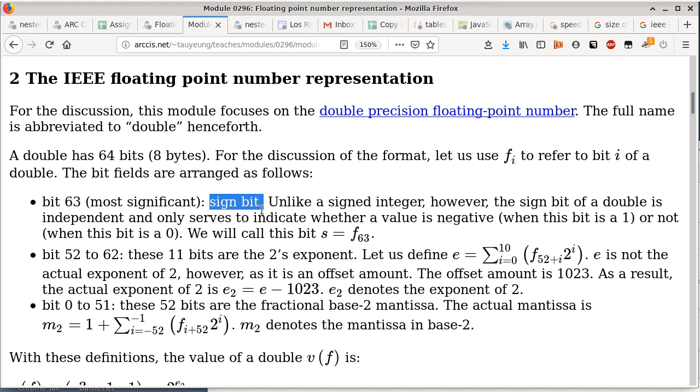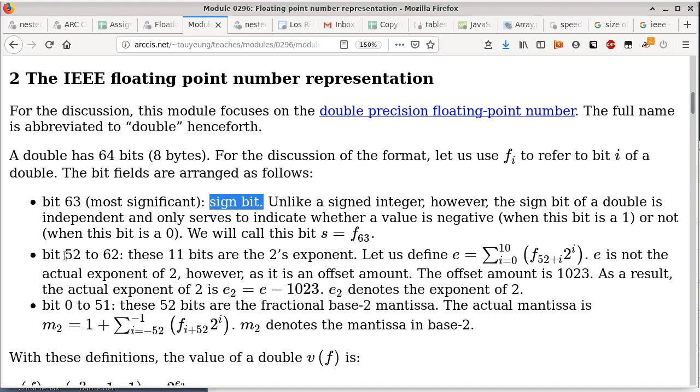When the sign bit is a 0, the value being represented is non-negative. So it's definitely a binary thing. Is it negative or not? Are we good with the sign bit? Okay. So that's bit 63. That's all it does, indicate the sign of the value being represented.